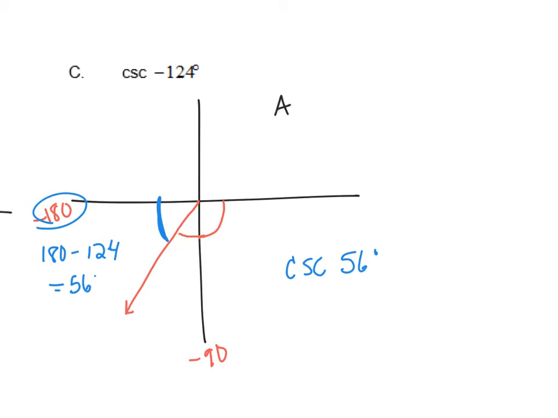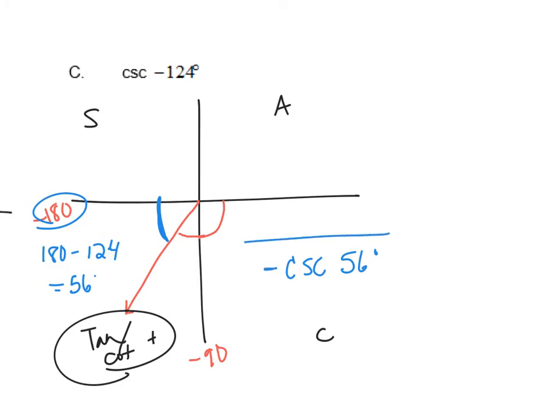So that's where we use our little all students take calculus. We're in the third quadrant, so tangent and cotangent are positive, which means everything else is negative. So that means cosecant will be negative, so we throw a negative onto that answer.